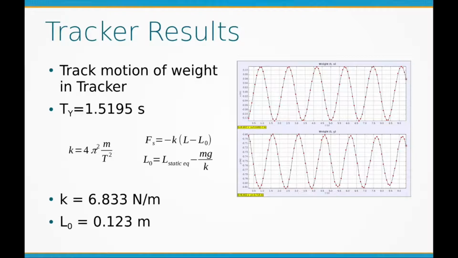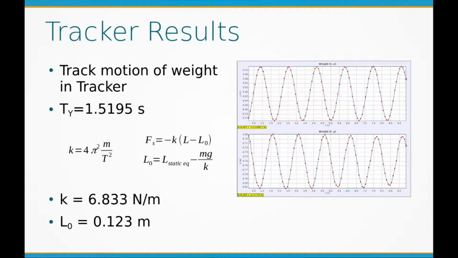So when we track in this position data, we get these two graphs you can see on the right. The top is the x position over time, and on the bottom is the y position over time. By analyzing the troughs and valleys of the y-graph, we're able to find the period for the oscillations in the y direction. Then by using the equation which relates spring constant to period, we're able to solve for our spring constant.